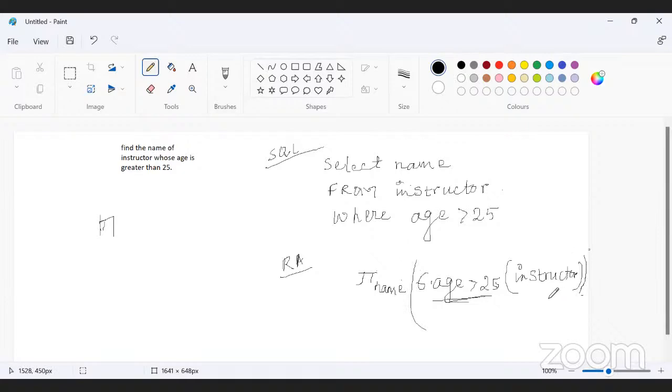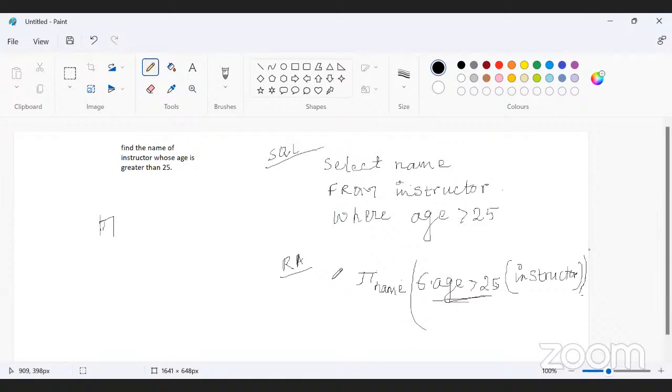Is it clear to everyone? Yes or no, at least? Whatever is in the where clause, the condition based upon which we select the tuples or rows, we put in the select.